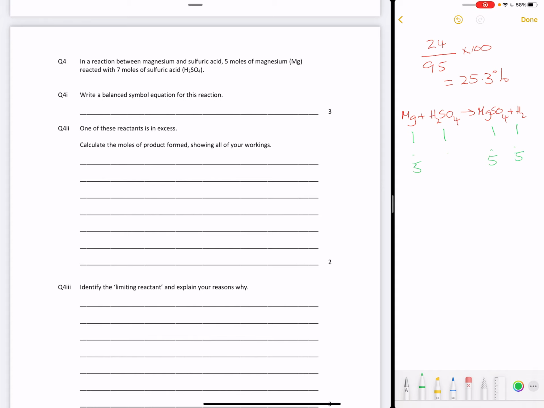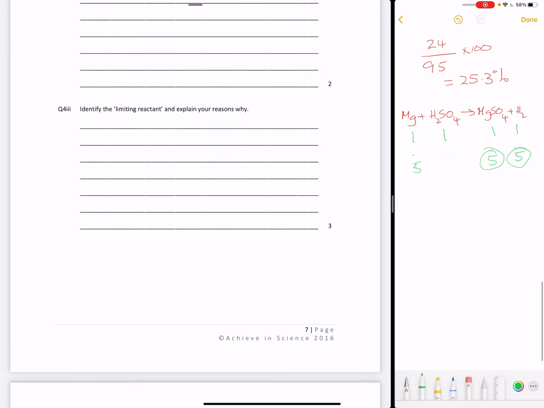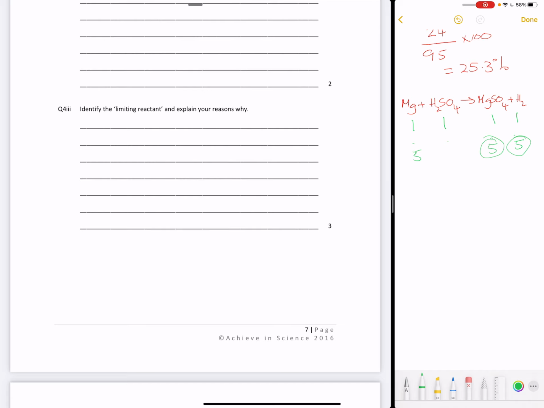So the answer is 5 moles of magnesium sulfate and 5 moles of hydrogen. And the next one, identify the limiting reactant. Well, the limiting reactant is obviously magnesium, and we only need 5 moles of sulfuric acid but in the experiment we have used 7. So 2 moles are unused.